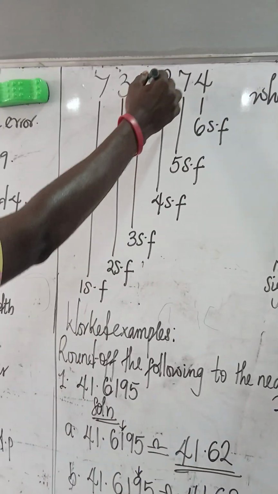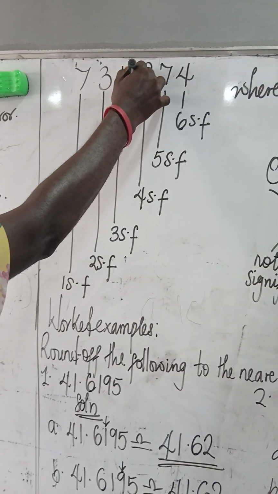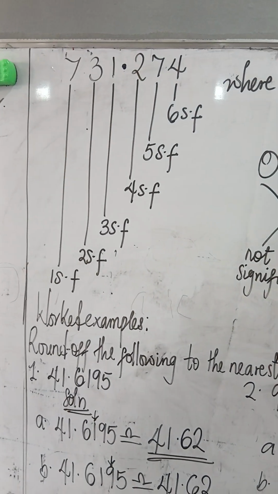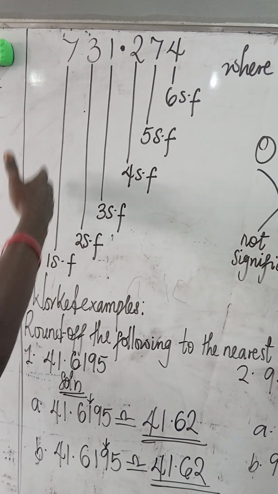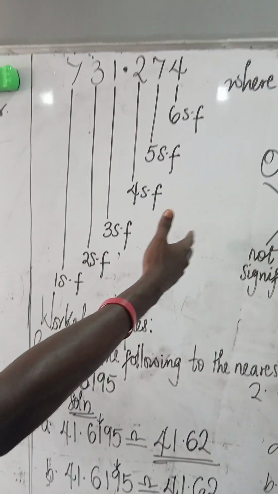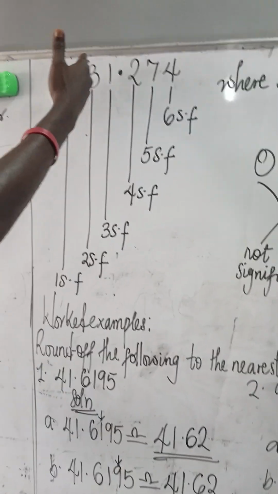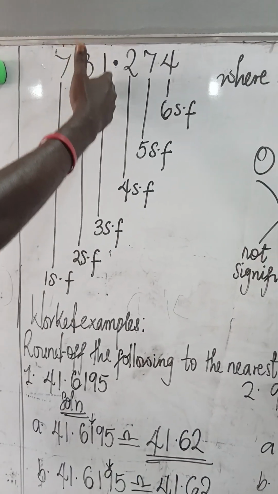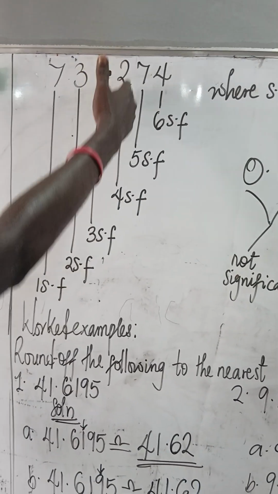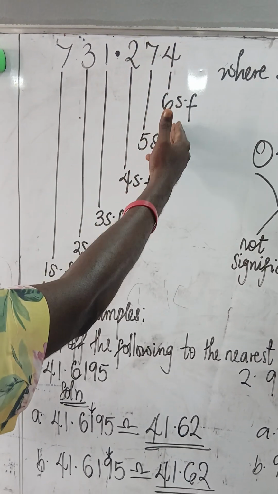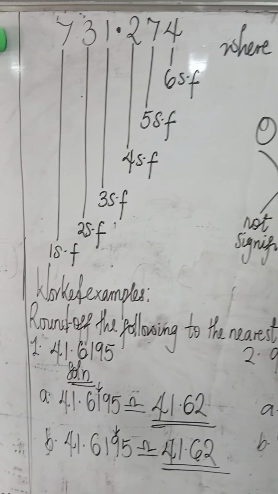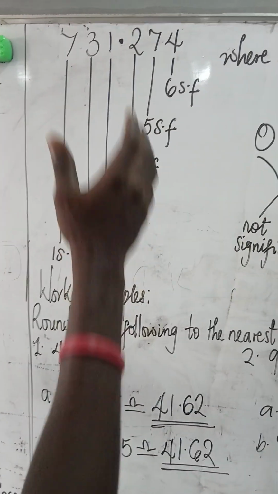Take note that there is a decimal point here. Same thing you do from the left-hand side to the right-hand side, up to 6 significant figures. Let's take note of that.